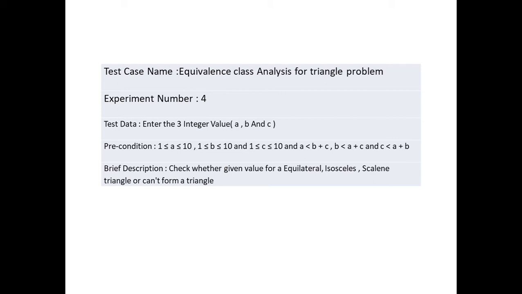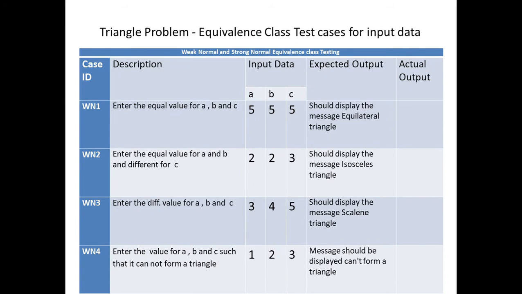I'm not going to explain the program here, because it is already explained in the lab program 1 video. Please go through that video. The same program is used here, with the three sides of the triangle as test data and the precondition that has to be satisfied. Here we have our test cases.